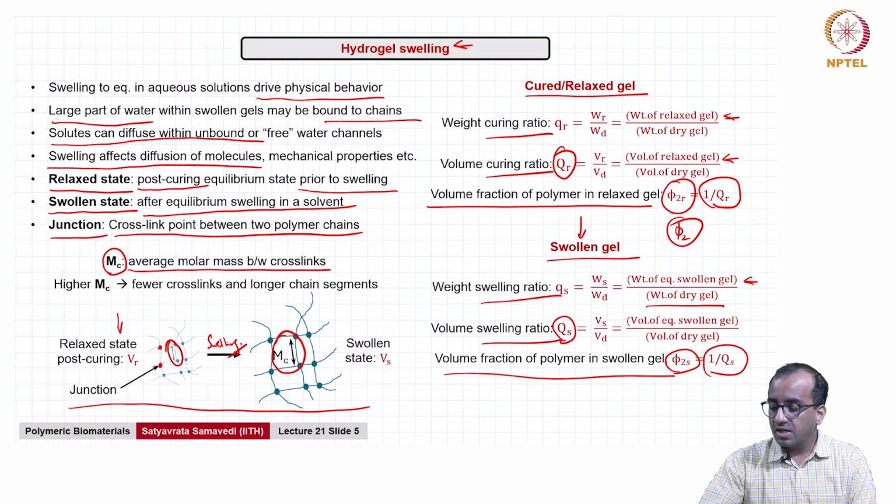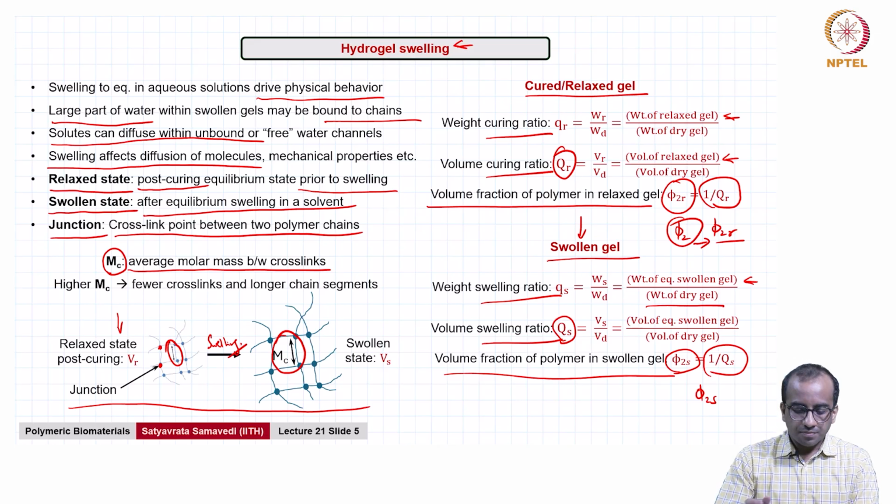So note here that Phi2R represents the relaxed state post curing, Phi2S represents the swollen state post swelling. That's an important distinction. It's an additional qualification we have added to Phi2 to make a distinction between the relaxed state and the swollen state, and it turns out that's an important distinction to make, as we will see later in the Merrill-Peppas equation.